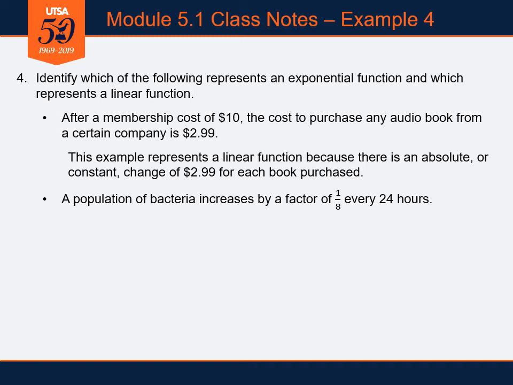And so it depends on how many bacteria we have. As a simple numeric example here, if we had only 8 bacteria today, then 1/8 of 8 means we'll have 1 more than that tomorrow. We'll have 9 tomorrow.